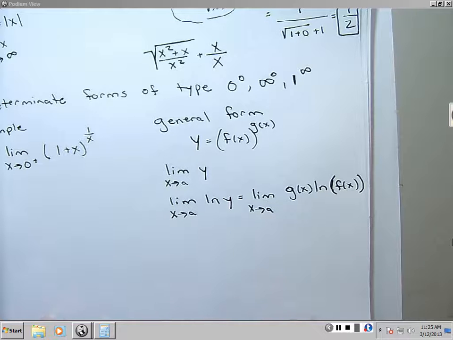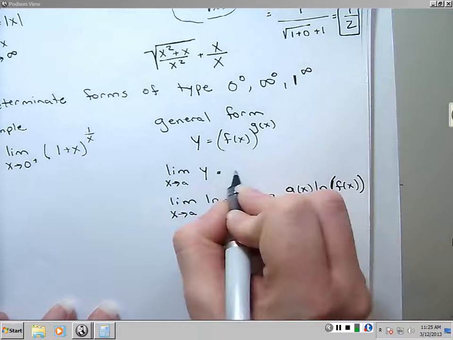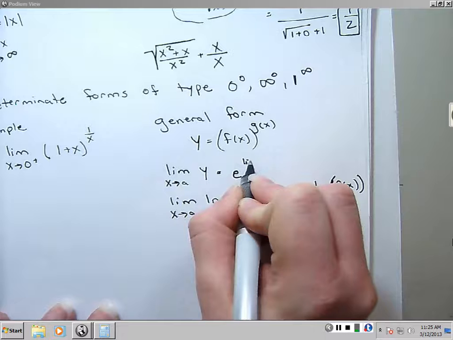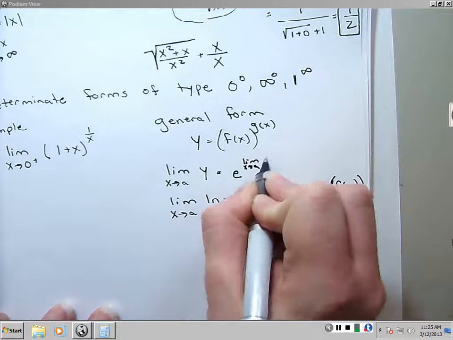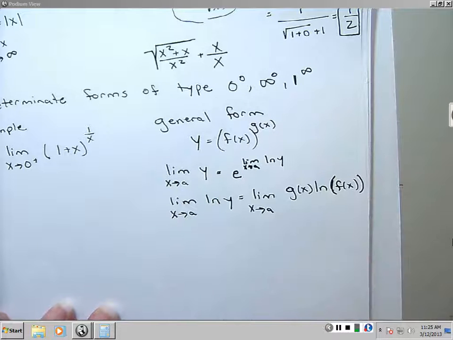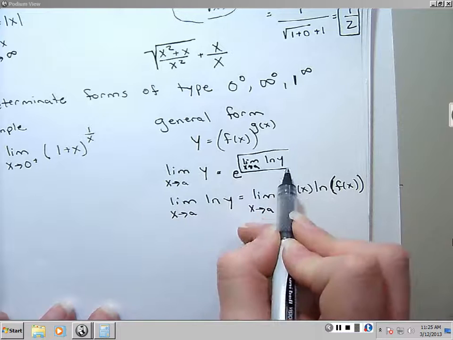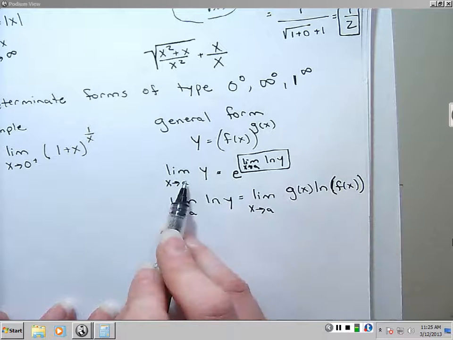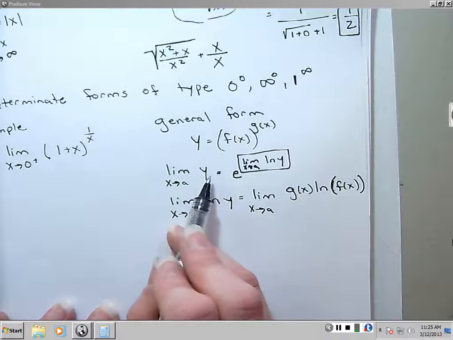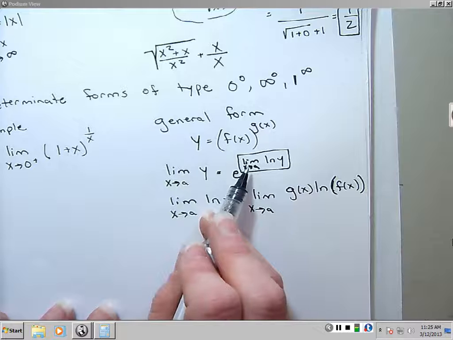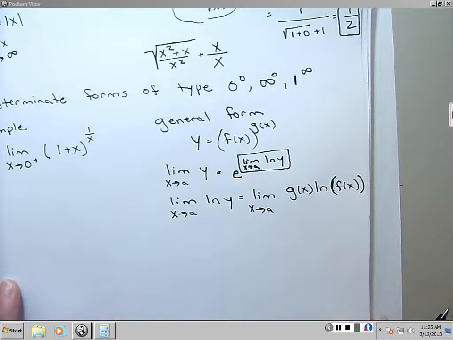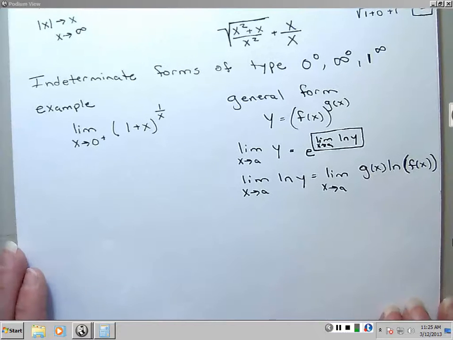So this is going to be e to the limit as x goes to a of ln of y. I'm going to find this, and once I find it, if I want the original limit of y, I take e to that power. So let's look at an example like here.